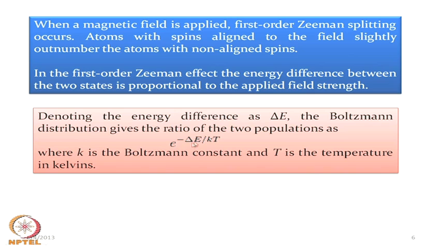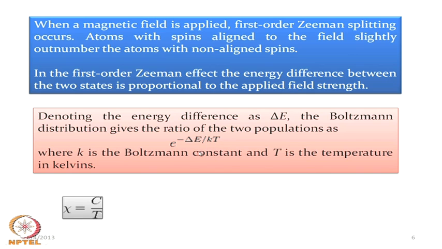So, when the delta E values are much less compared to the kT value, we can consider e to the power minus delta E by kT as 1 minus delta E by kT. Therefore, the susceptibility term, the chi value, will be inversely proportional to the temperature.